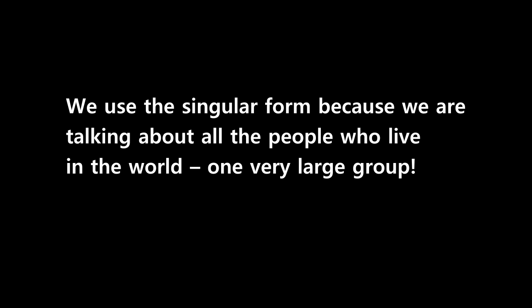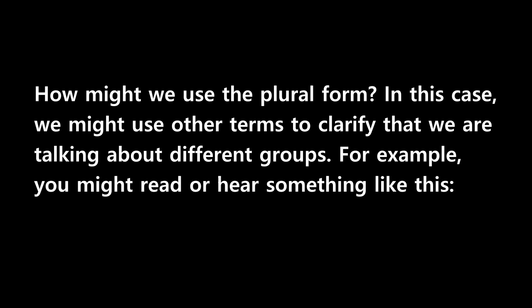We use the singular form because we are talking about all the people who live in the world, one very large group. How might we use the plural form? In this case, we might use other terms to clarify that we are talking about different groups. For example, you might read or hear something like this.